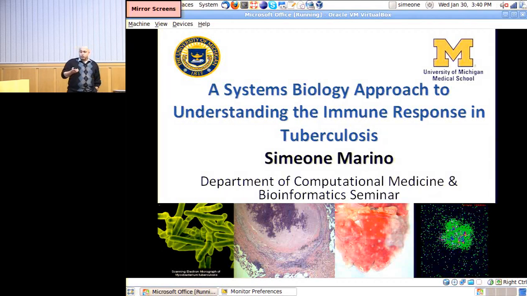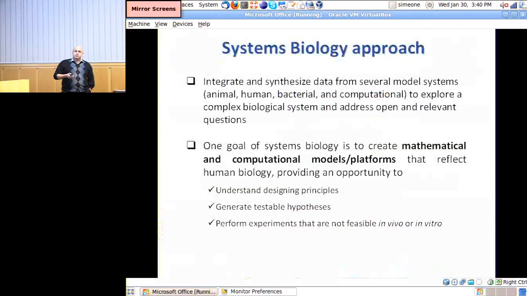So first of all, I want to start with a brief definition of what the systems biology approach means to me and to us, in the context of TB, but more in general. What we try to do with the systems biology approach is to integrate and synthesize data coming from several model systems, and that could be the human system, an animal system, a bacterial system, and computational models.